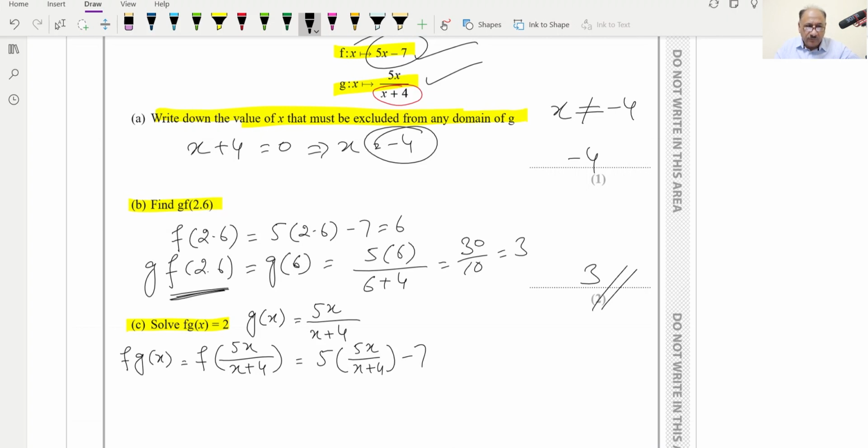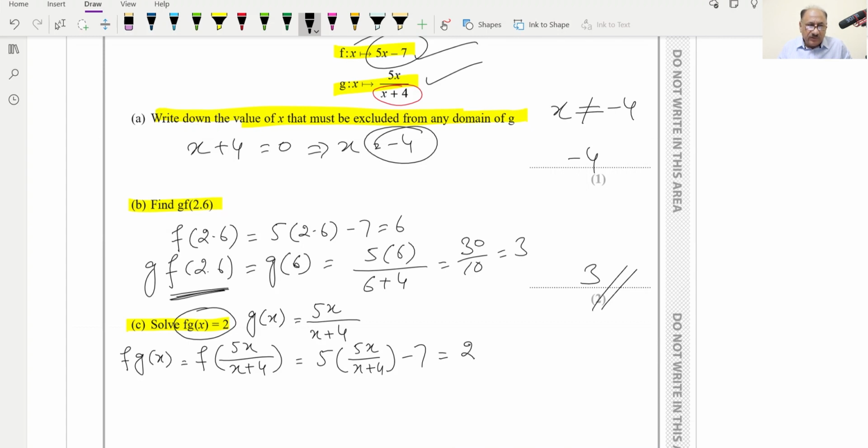And further what we can do, we know that this is given that it is equal to 2, so we will replace this equal to 2, and this one we can simplify. To simplify this, we can shift 5 to other side.